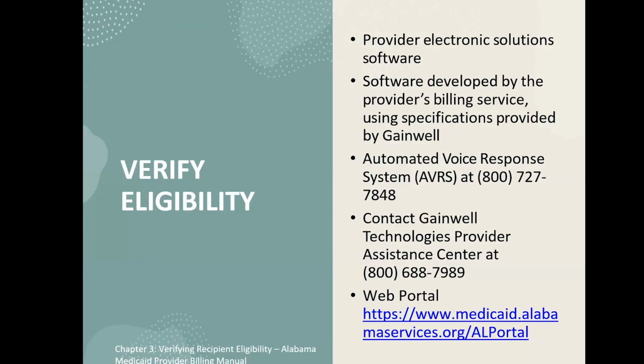For detailed information pertaining to verifying eligibility, refer to Chapter 3, Verifying Recipient Eligibility in the Alabama Medicaid Provider Billing Manual.